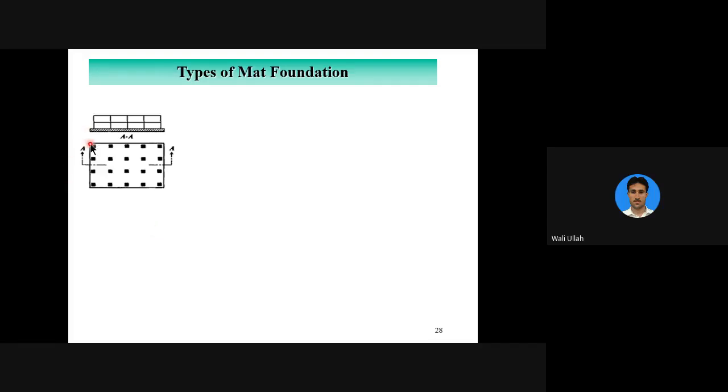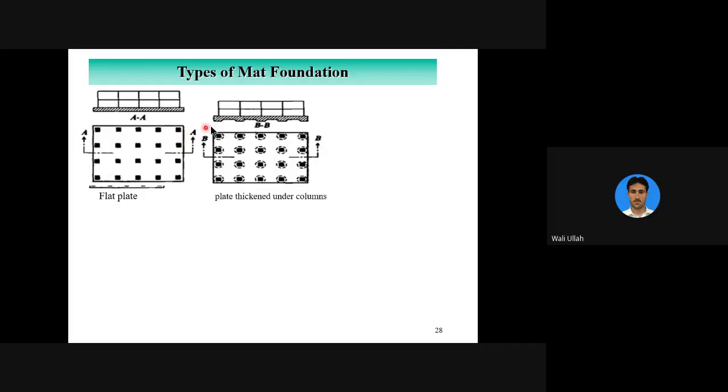Acha ji. So you see, this is a 2-story frame, and below this a huge mat is provided. But sometimes the column loads are very high. So what you do is provide a pedestal below every column. You have thickened the raft below every column.